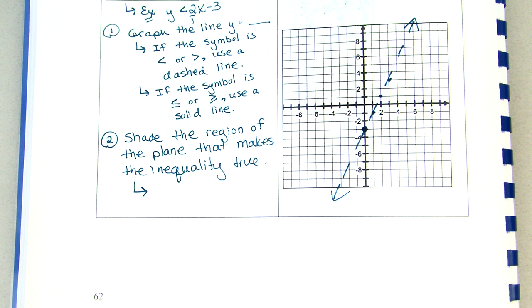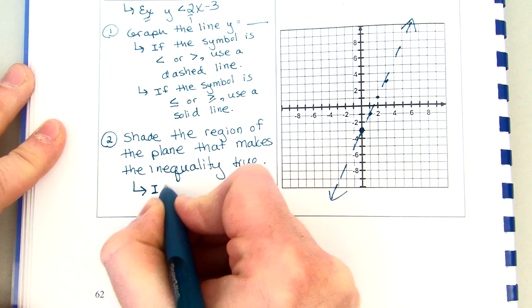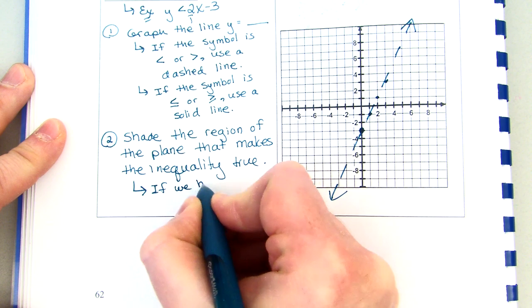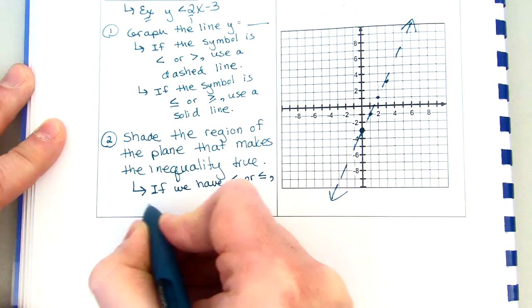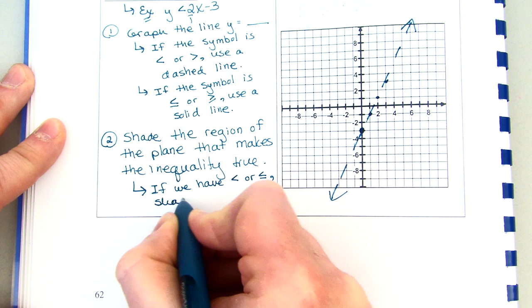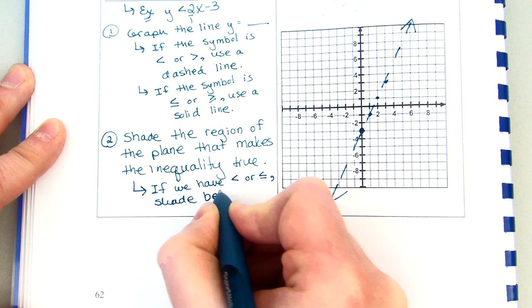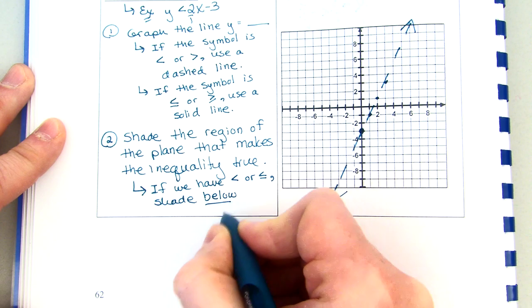Absolutely. Okay, here we go. Here's what I mean with the shading. If we have less than, doesn't less than mean below? We're going to shade below our line. Why below?